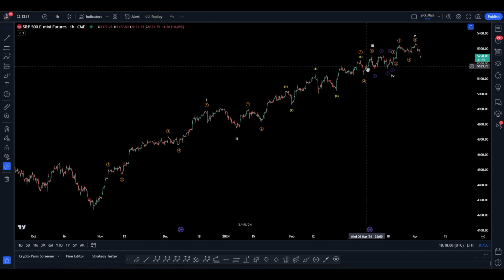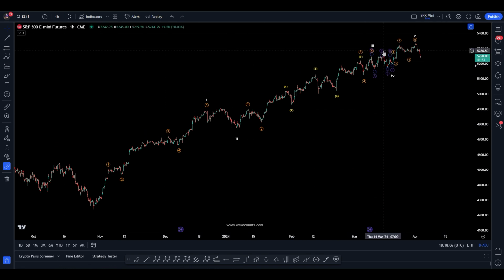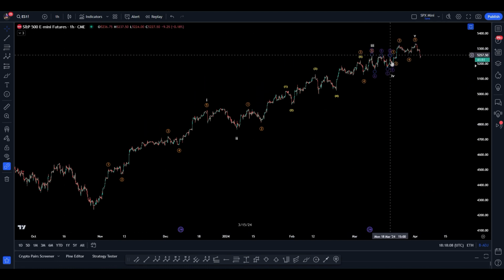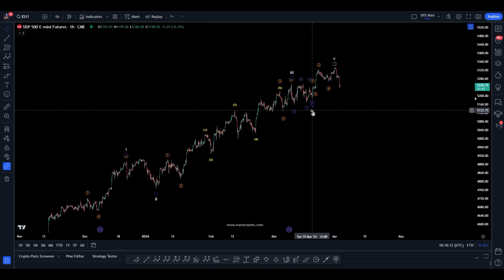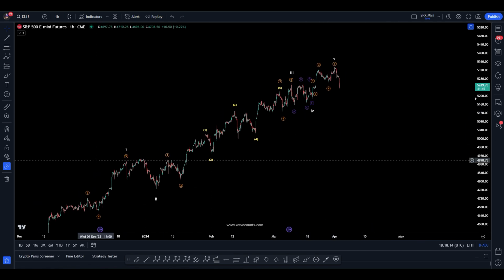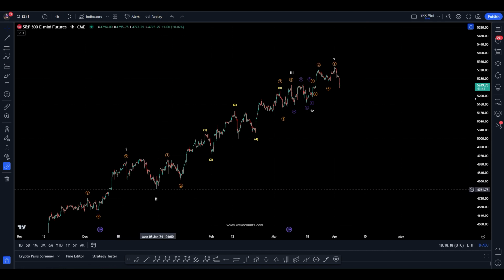So the first and the third wave are both extended. And here's our all familiar triangle for the person with the triangle question, as the fourth wave. All right. So we have alternation here. You have a flat for 2, and you have a contracting triangle for 4.